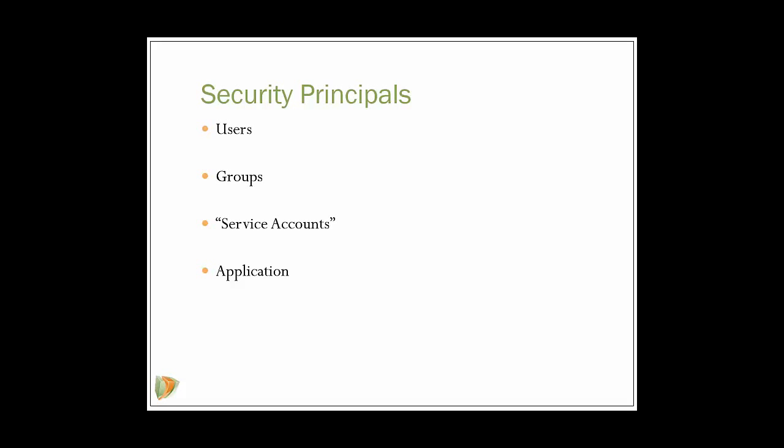And in these recent changes in SharePoint 2013 and in Office 365, with these new authentication protocols we have recently, we have this concept of an application being a security principal. An application can request a set of permissions and be granted that set of permissions to do things independent of the user.